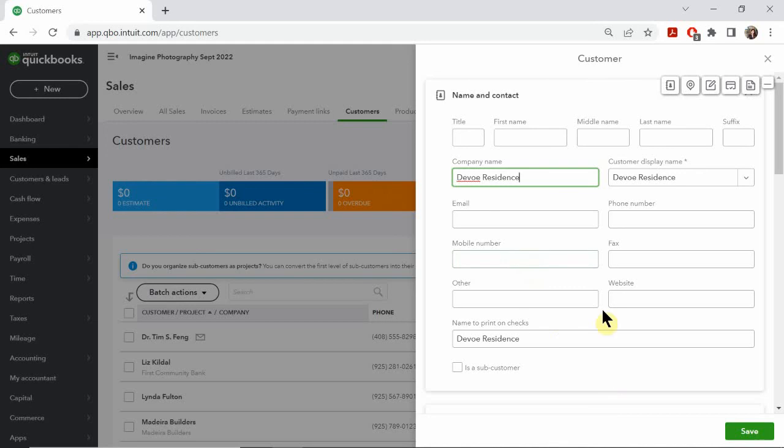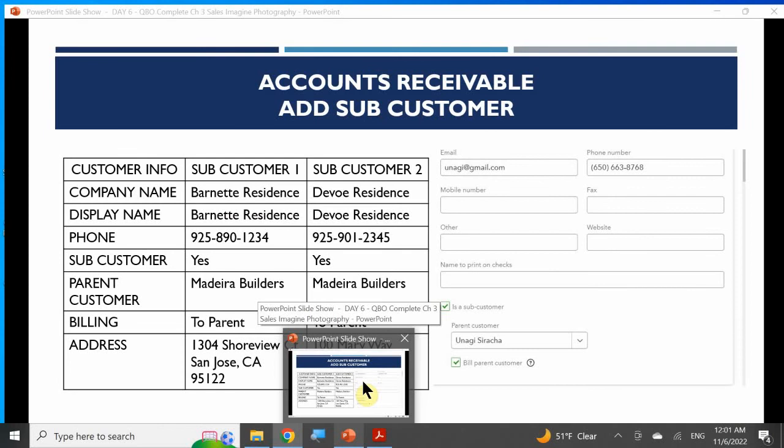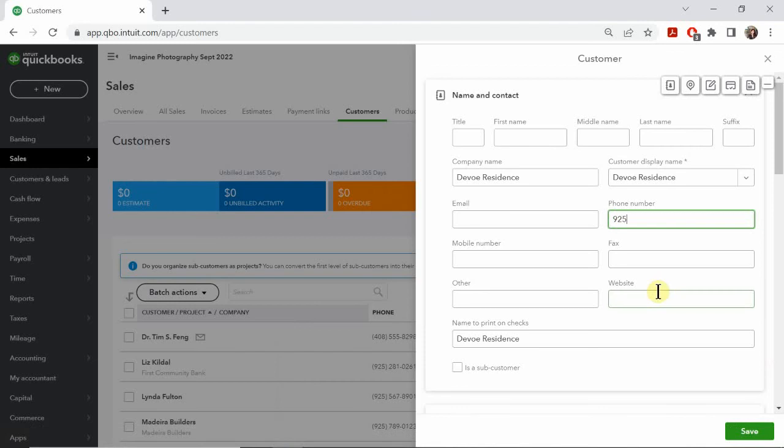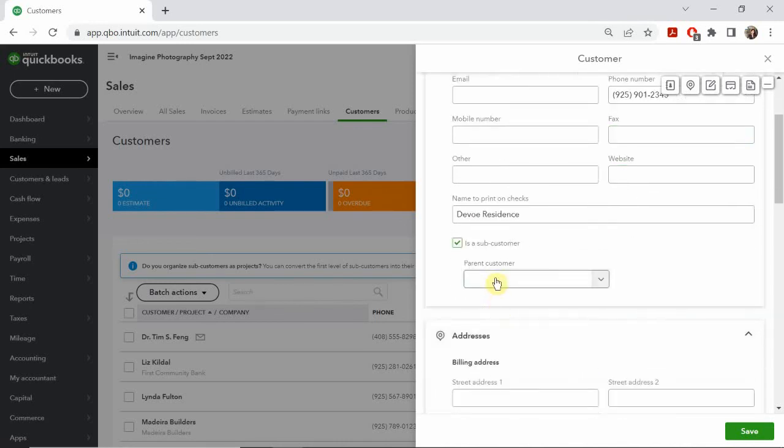Okay, DeVoe residents. Phone number is also going to be 925-901-2345. Same thing here. They are a sub customer. Parent is going to be Madeira.